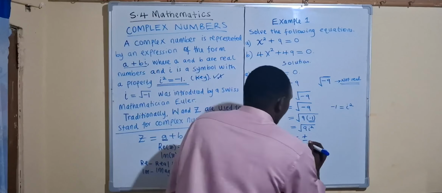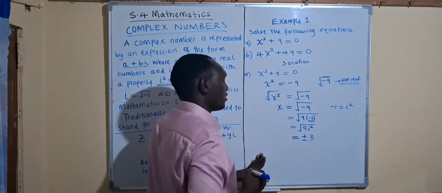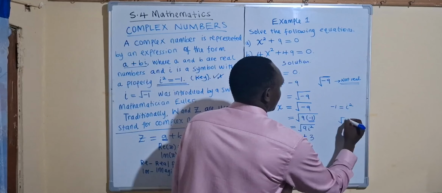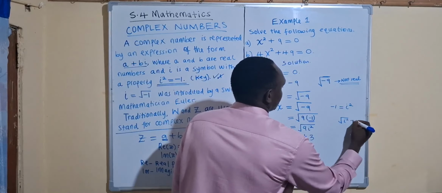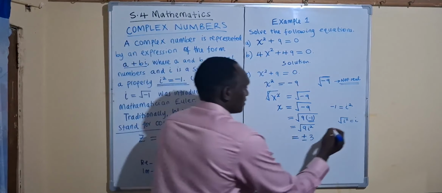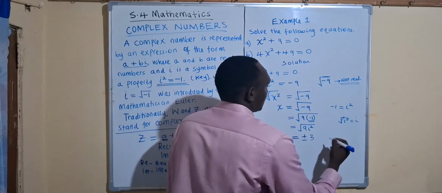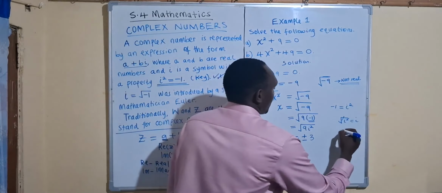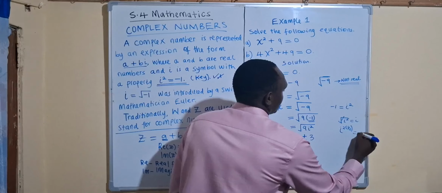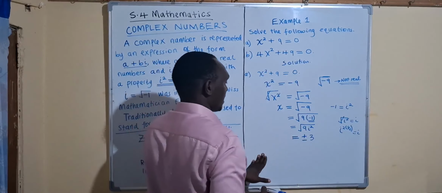What is the square root of 9? It is 3. What is the square root of i squared? It is i, because the square and the root cancel, simply because the square root means half power.